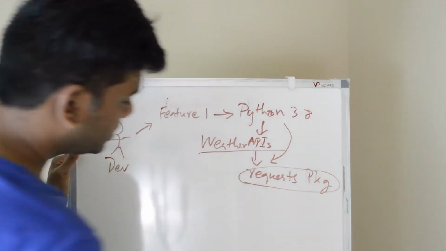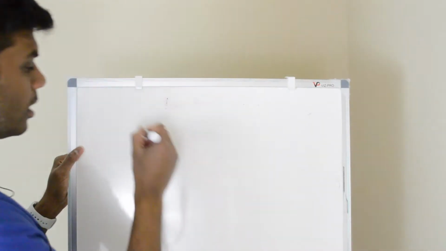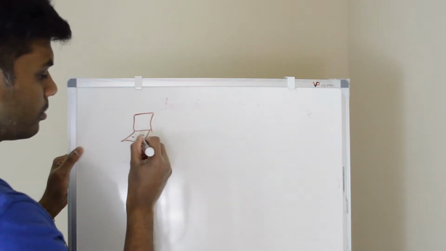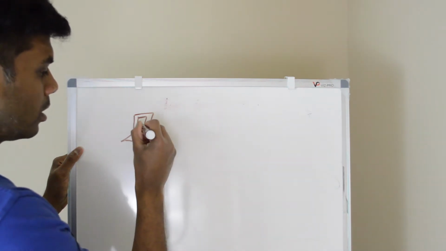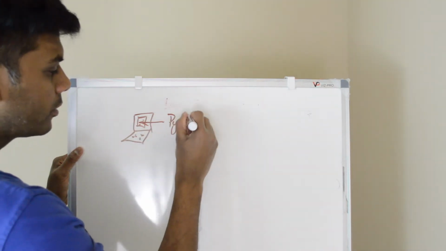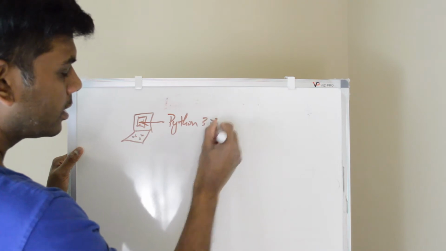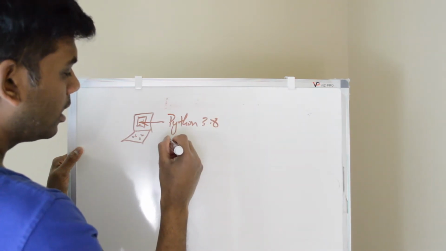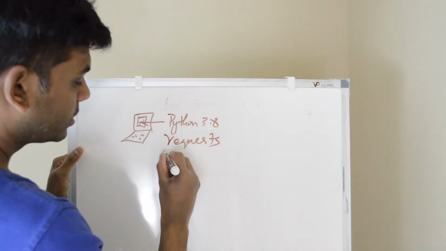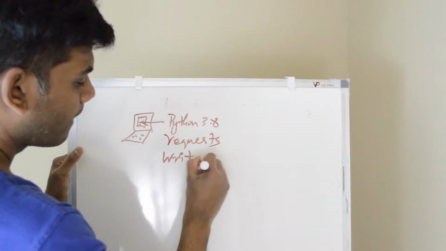So let's say this is his laptop. On his laptop he'll go and install Python 3.8, and then he'll install the requests package, and then he will write the code.